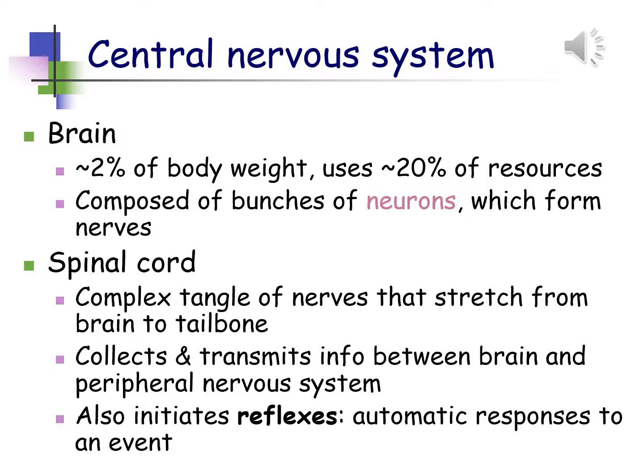The brain represents about 2% of your body weight and uses about 20% of the resources from your body. And it's just composed of bunches and bunches of neurons which form nerves. The spinal cord is a complex tangle of nerves that stretch from the brain to the tailbone. And its role is to collect and transmit information between the brain and spine and peripheral nervous system.